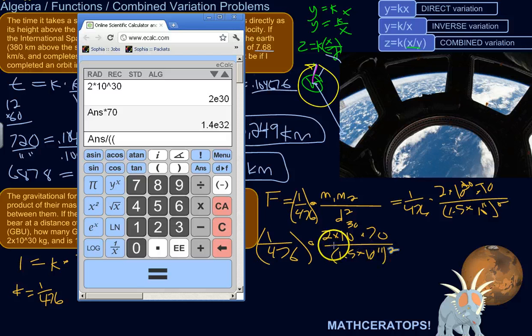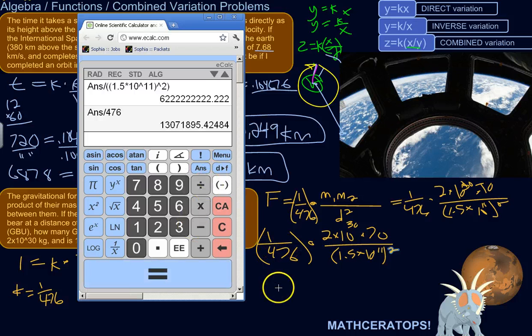So just like here, now I'm typing in these parentheses, so 1.5 times 10 to the power of 11 squared, and then we're going to times that by 1 over 476, or i.e. divided by 476.